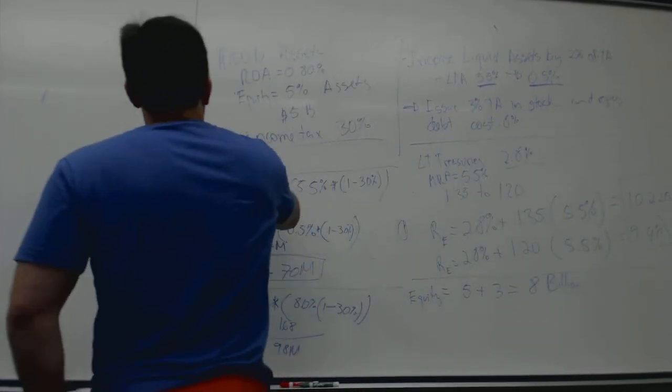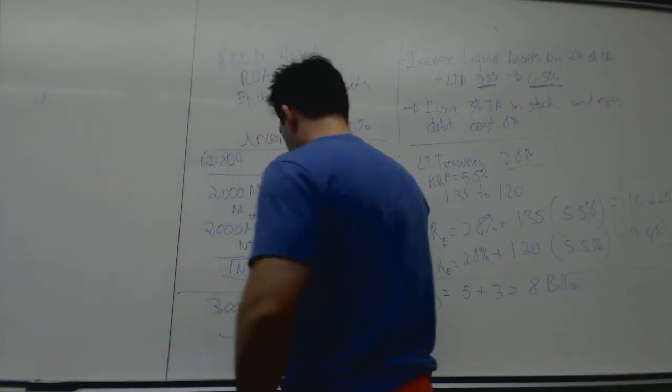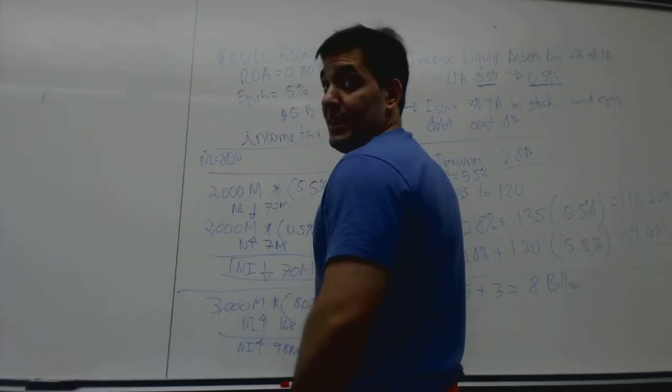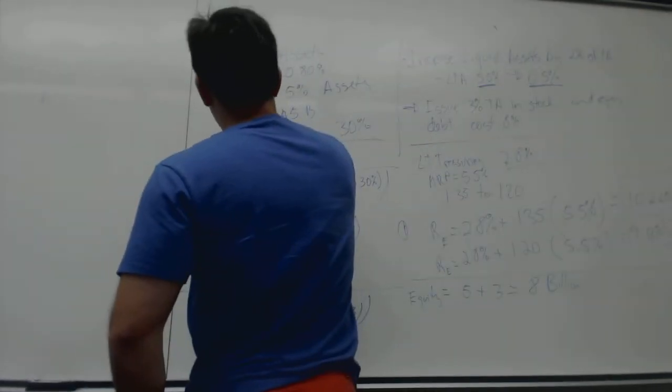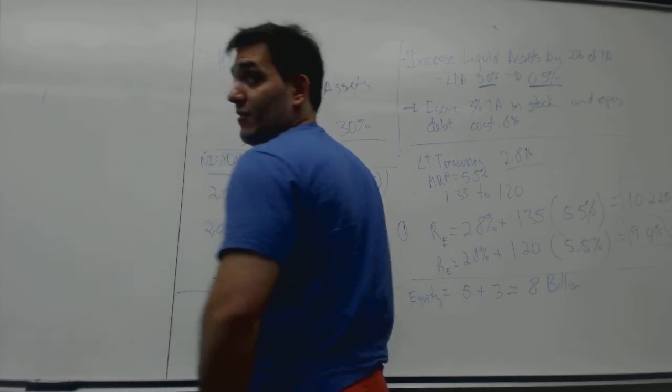So we have 800 where we started, and the net change was an increase of 98. Plus 98, we have 898. This is our new net income.